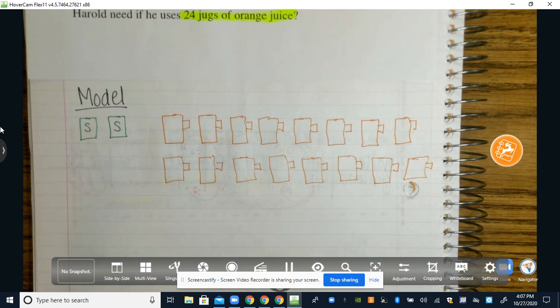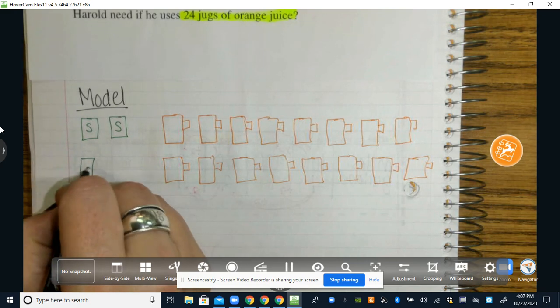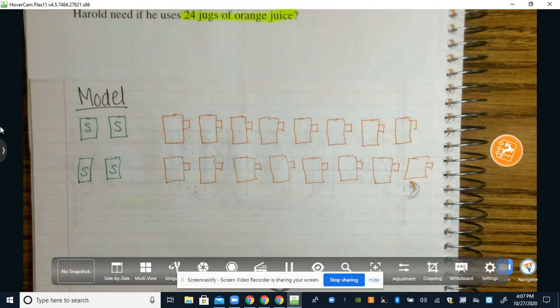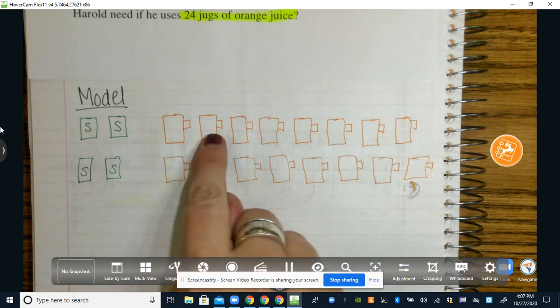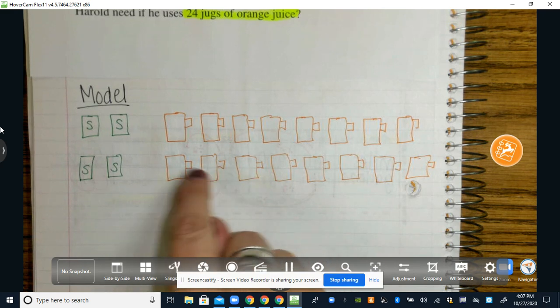Okay, so then I have 16 orange juices, but I need it to taste the same, so I need to add 2 more cans of Sprite. Okay, now I have 16. 1, 2, 3, 4, 5, 6, 7, 8, 9, 10, 11, 12, 13, 14, 15, 16.